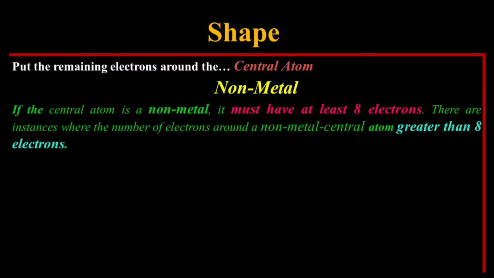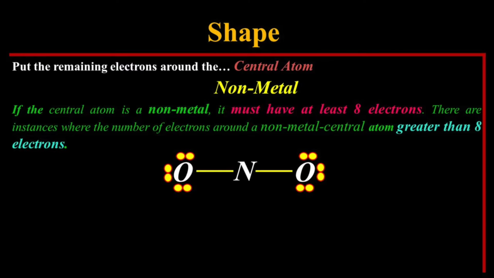And let's take a quick look at this. Put the remaining electrons around the central atom. If the central atom is a nonmetal, it must have at least 8 electrons. There are instances where the number of electrons around the nonmetal central atom can be greater than 8. So as a result, what are we going to do?